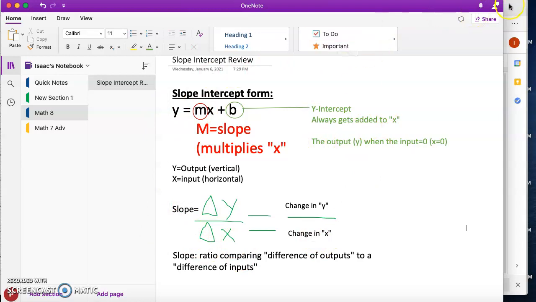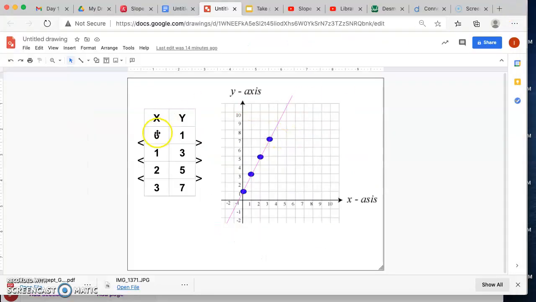So let's say I've got this table and this graph. This table and this graph, I'm going to tell you right now, they both have the same information. But let's say, for example, I'm working from the table first. Now I need to know my slope and my y-intercept to make a slope-intercept form of this function, this relationship between an input and an output.